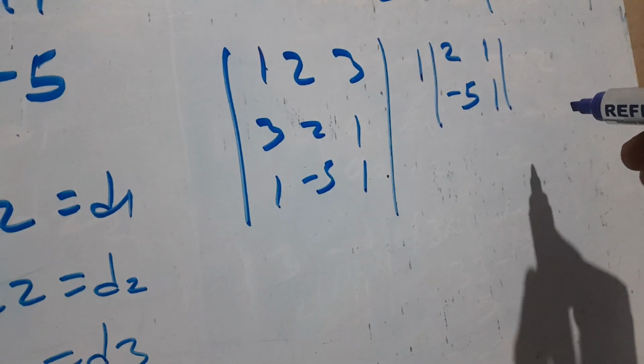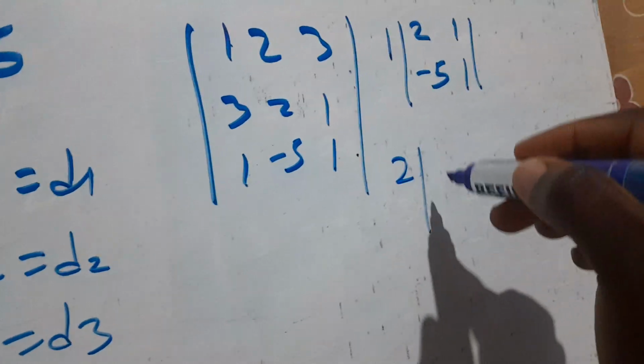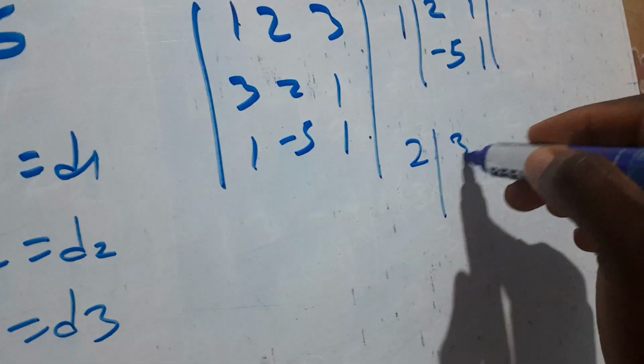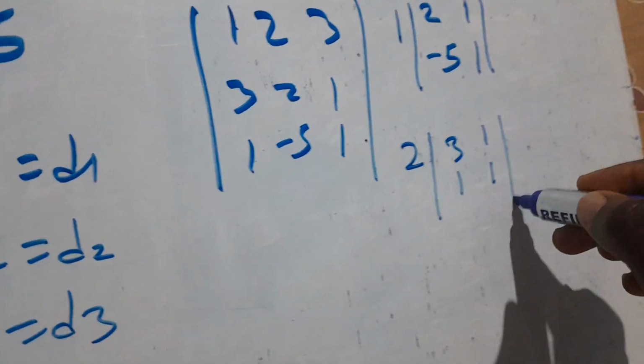And then you have 2, you will have 3, 1, and 1, 1.